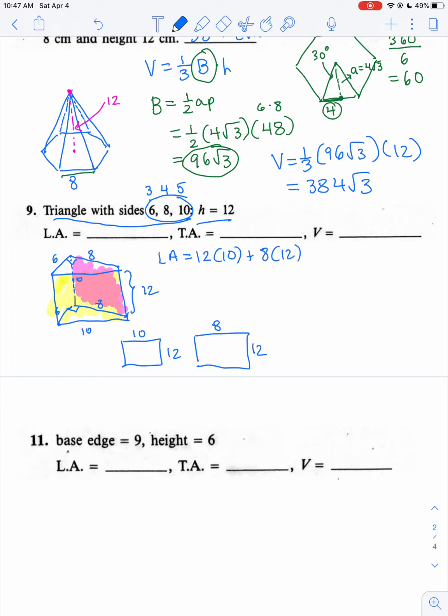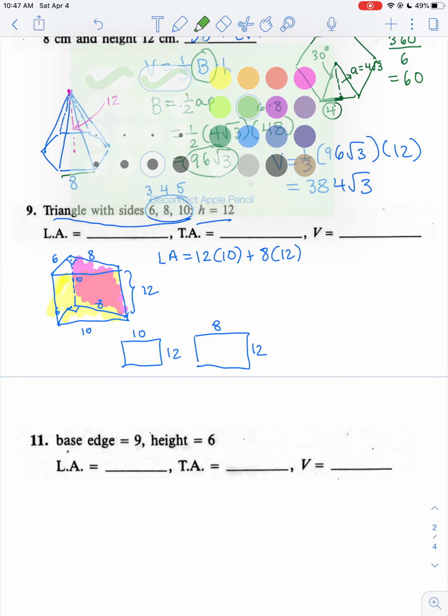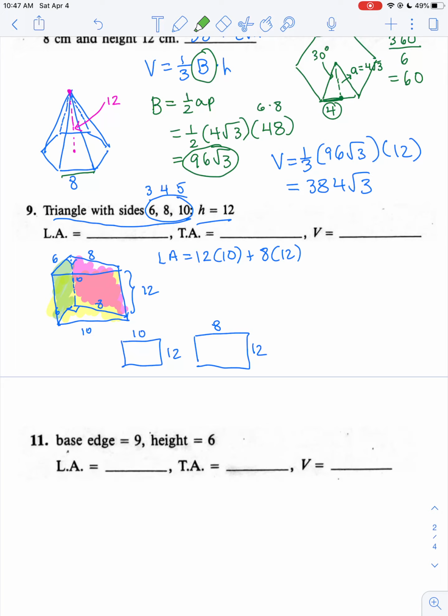So we have 8 times 12. And then finally, let's change the color, you have one more rectangle back there. For that rectangle, one of the sides is 6, and the other side is the height, which is 12. So plus 6 times 12. So I'm literally adding up each one of the rectangles.